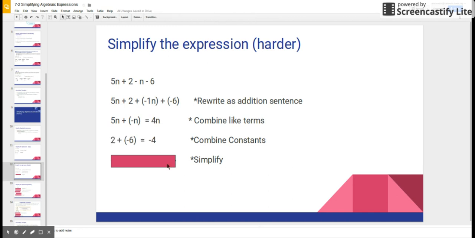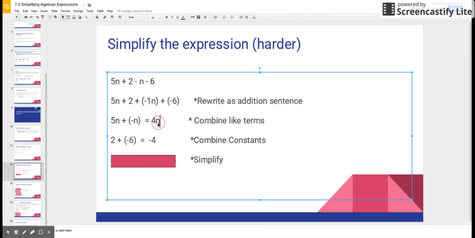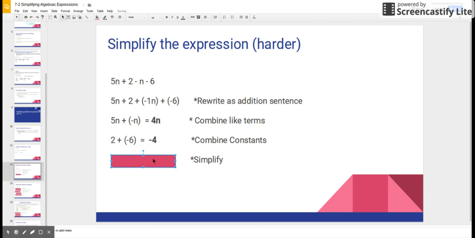And then it says to simplify. So here, these are your two terms that you're left with. 4n plus negative 4. Or you can look at it as 4n minus 4. These two expressions are exactly the same. The only difference is this is the additive inverse of this, okay?